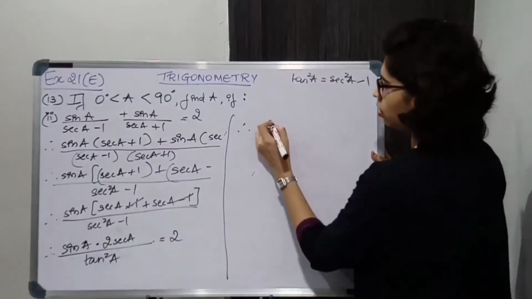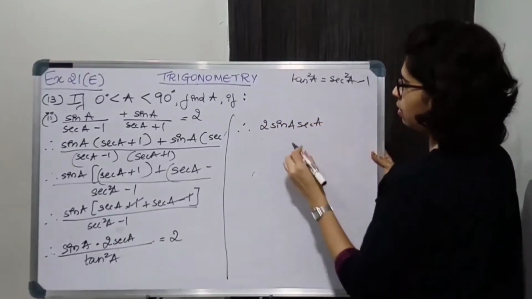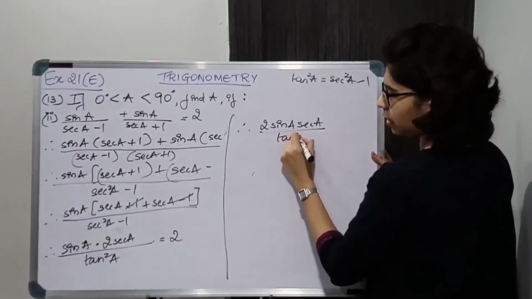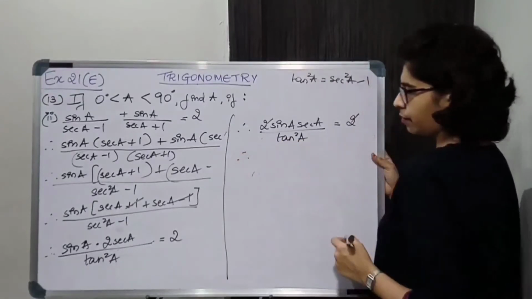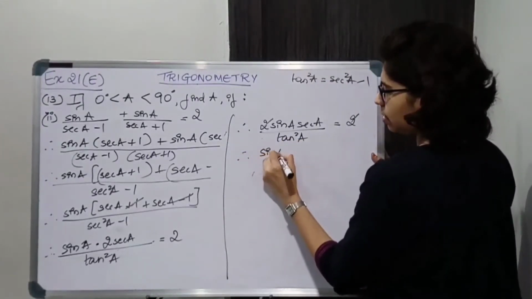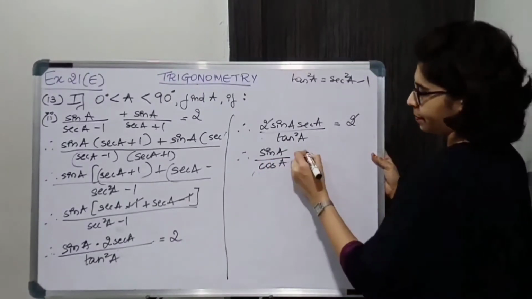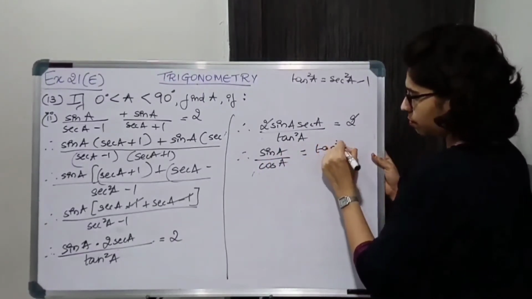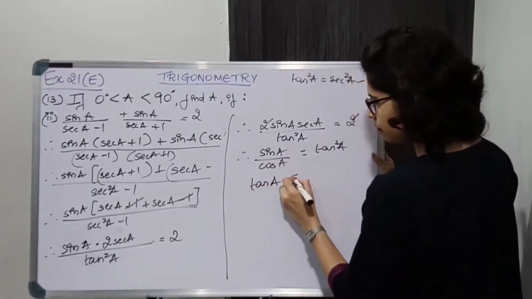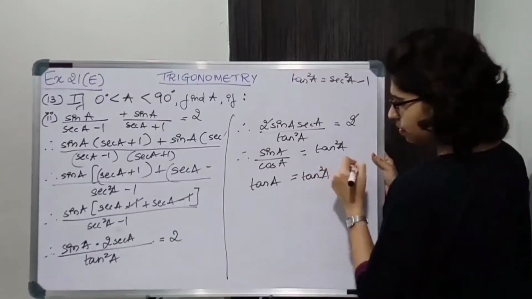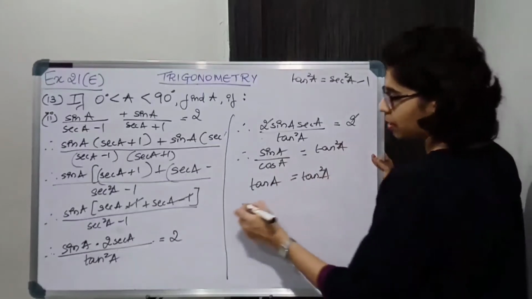Therefore, 2 sin A sec A divided by tan squared A is equal to 2. I can cancel out 2. So sin A sec A, I can write as sin A upon cos A, which is tan A, is equal to tan squared A. Now I'll not cancel it out, I'll make it a quadratic equation.